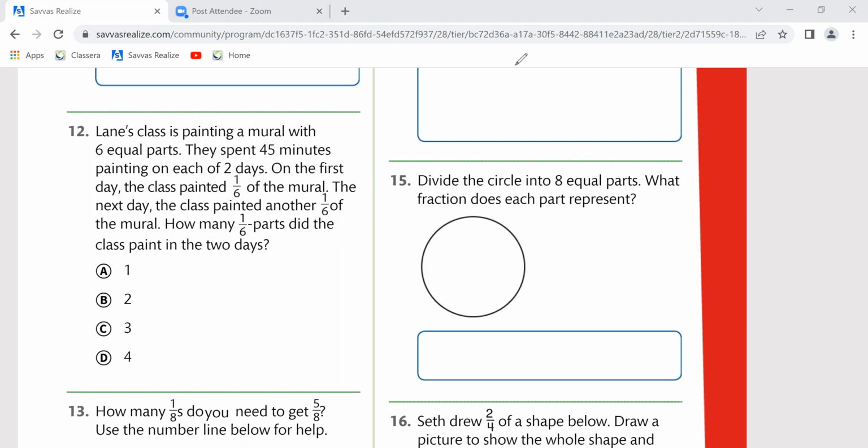Okay, what do you need to know? You need to be able to read. First day, day number 1, okay? The class painted 1 out of 6. The next day, day number 2, again, 1 out of 6. How many parts did they paint for 2 days together?